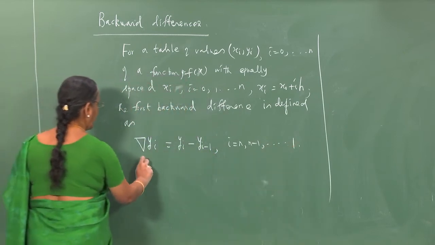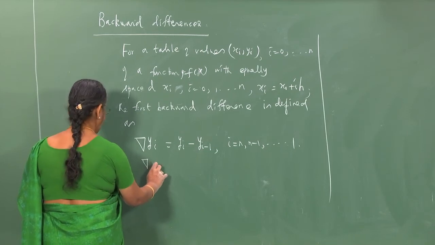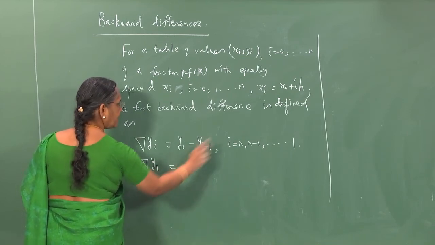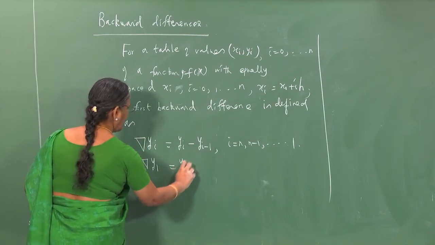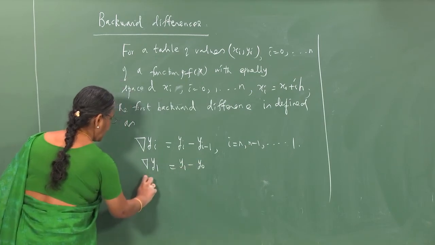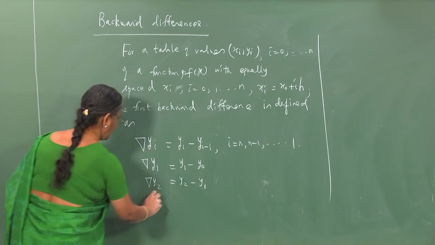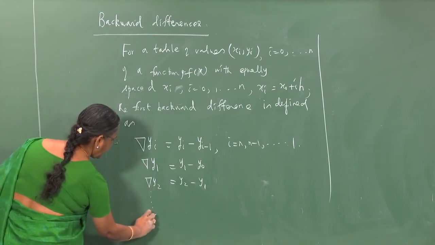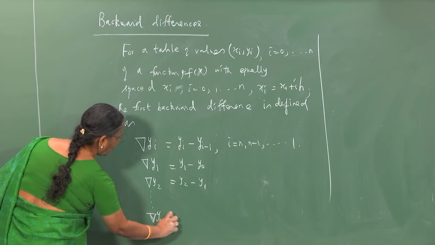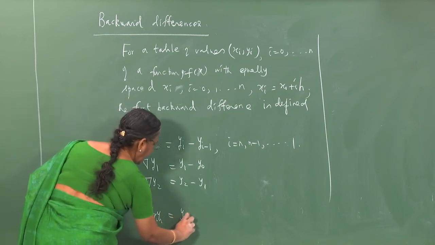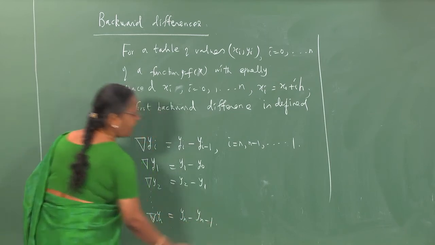So, if I want the backward difference operator on y1, that will be y1 minus y0, that on y2 is y2 minus y1, and so on. The backward difference operator on yn will be yn minus yn minus 1.